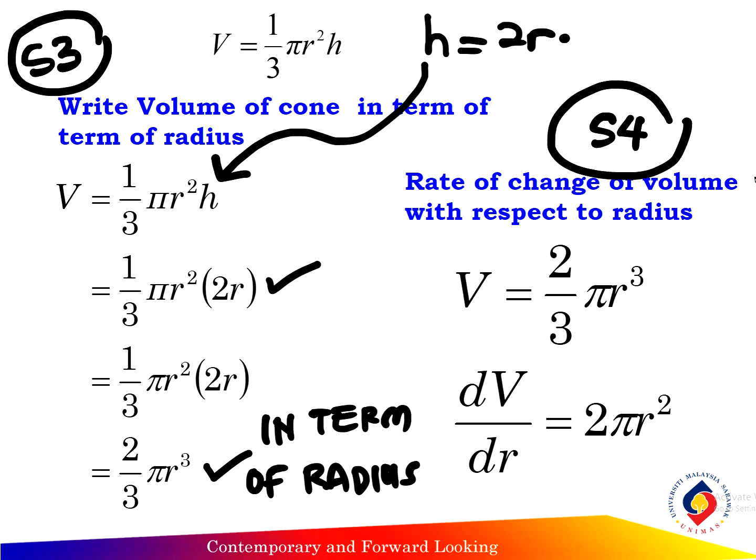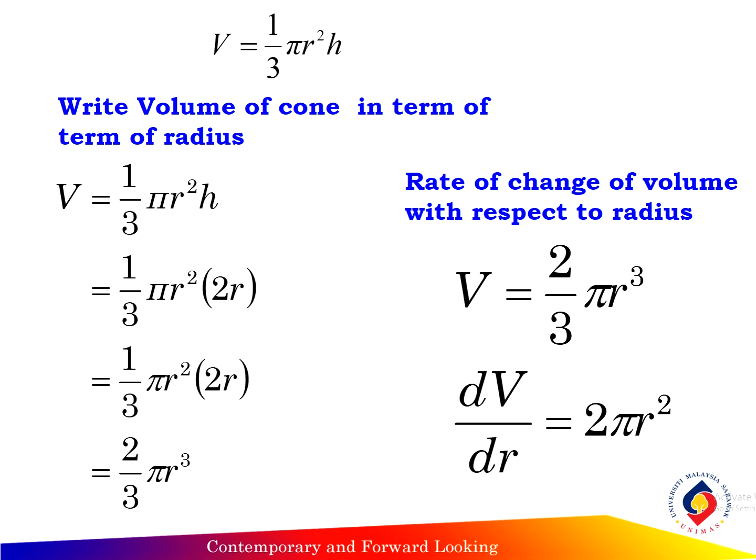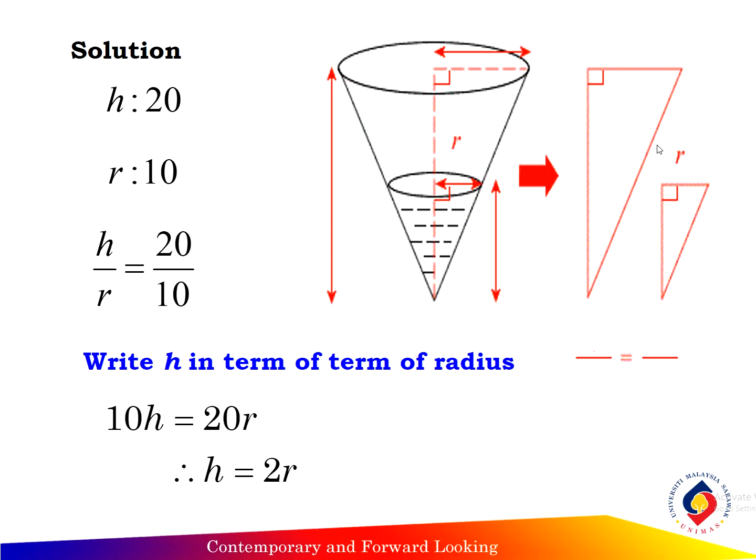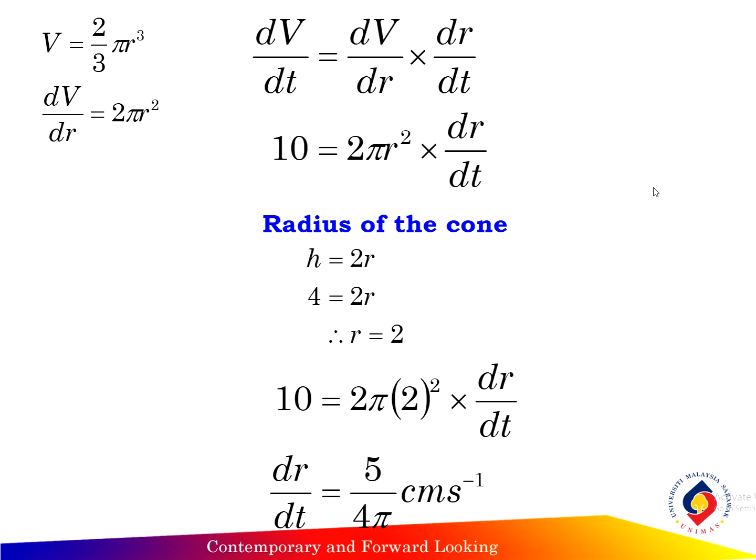Okay, and step 5. Step 5, given the parametric equation, dV over dt equals dV over dr times dr over dt.